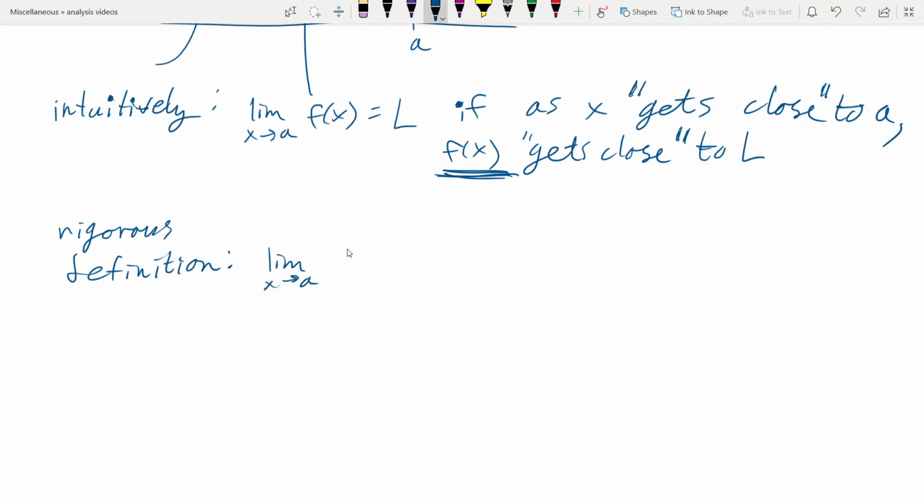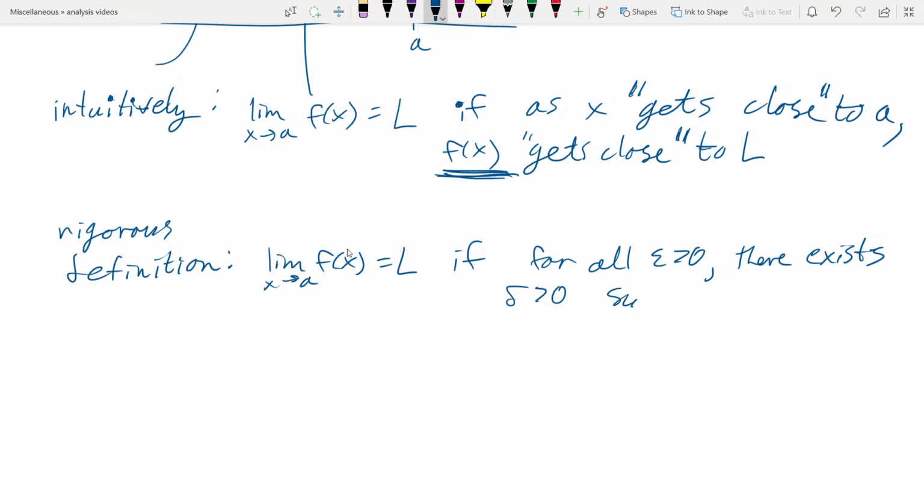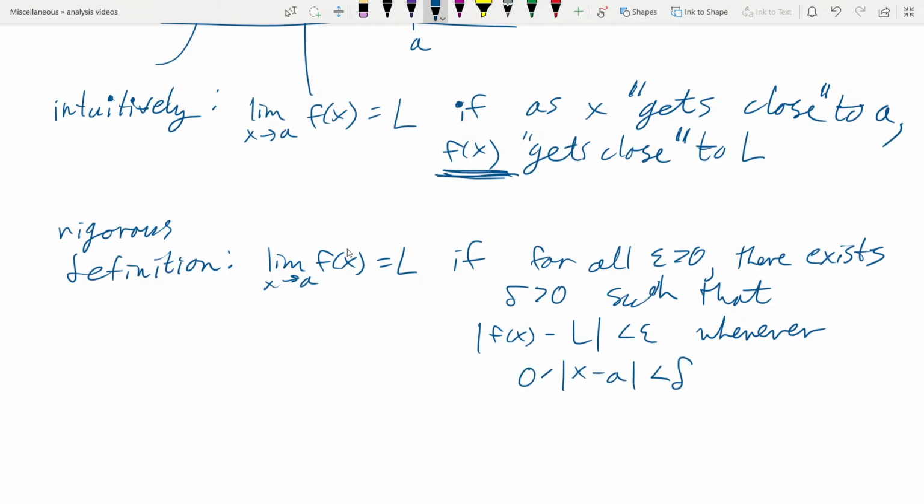The limit as x goes to a of f of x is equal to L if for all epsilon bigger than 0, there exists delta bigger than 0 such that the absolute value of f of x minus L is less than epsilon whenever 0 is less than the absolute value of x minus a, which is less than delta.